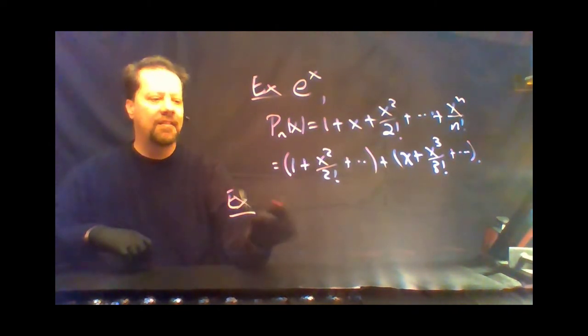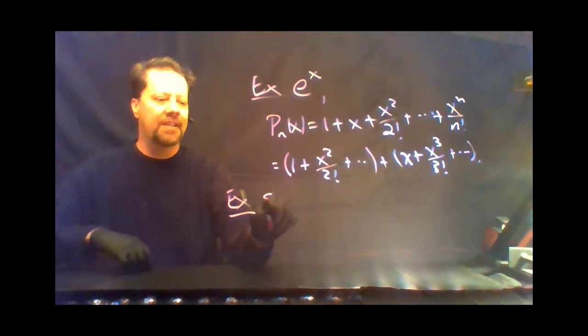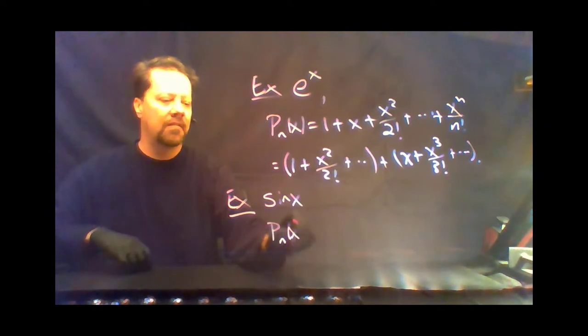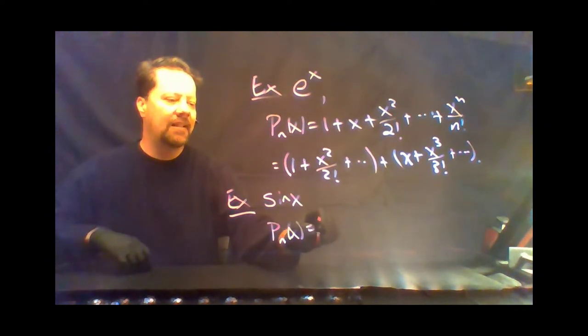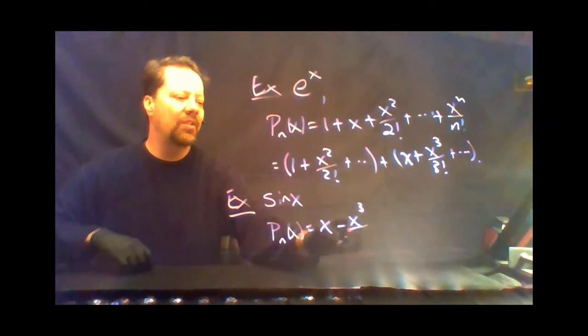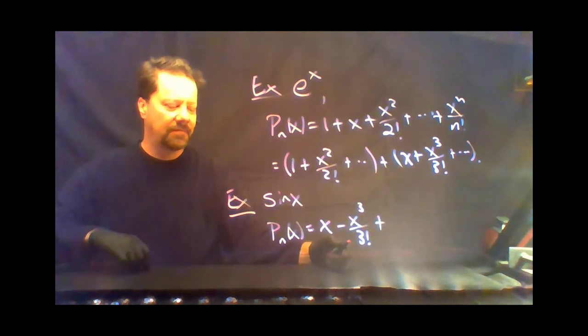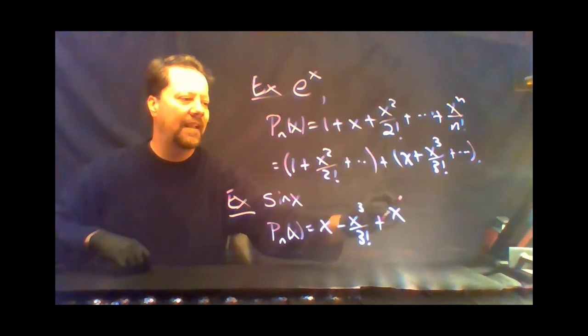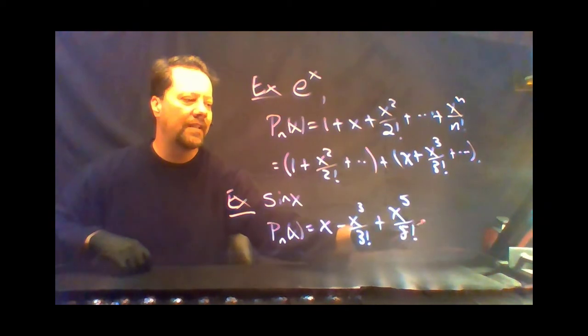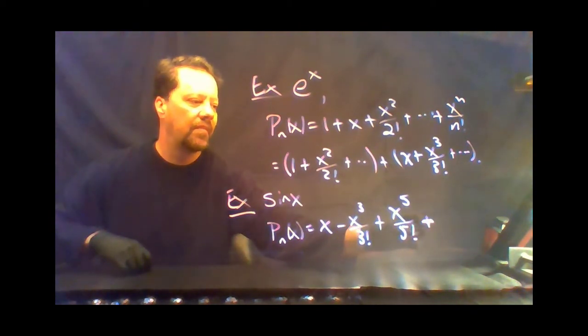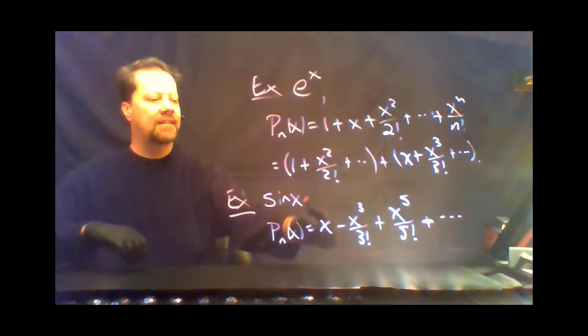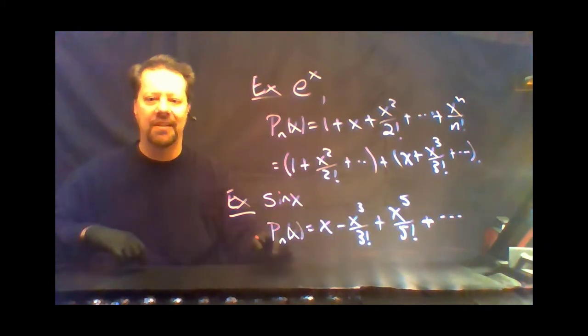What about the Maclaurin polynomials for sine x? In that case, we had x minus x cubed over 3 factorial plus x to the 5th over 5 factorial, and so on. Notice that we have only odd powers here.